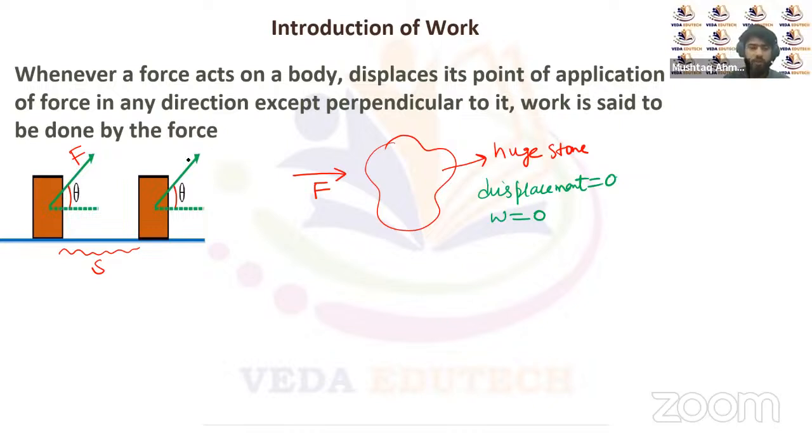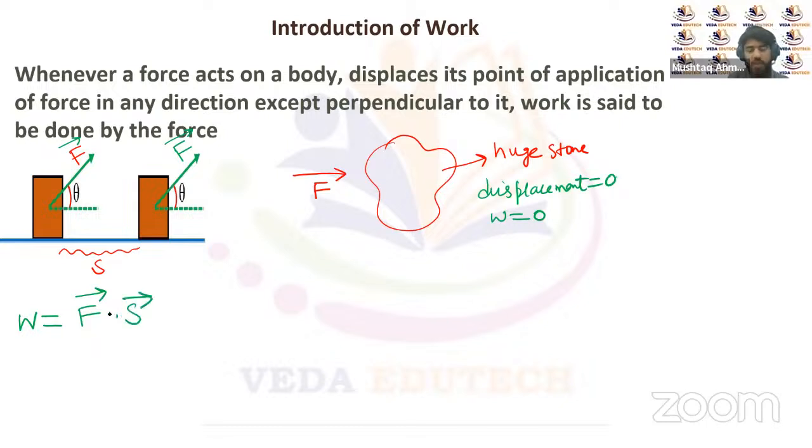Work is said to be done. So here this is the force F. Now let's suppose at an angle of theta, force F is applied on an object, and this force displaces this object by displacement S. Then the work done by this constant force is given by the dot product of this force vector with this displacement vector.